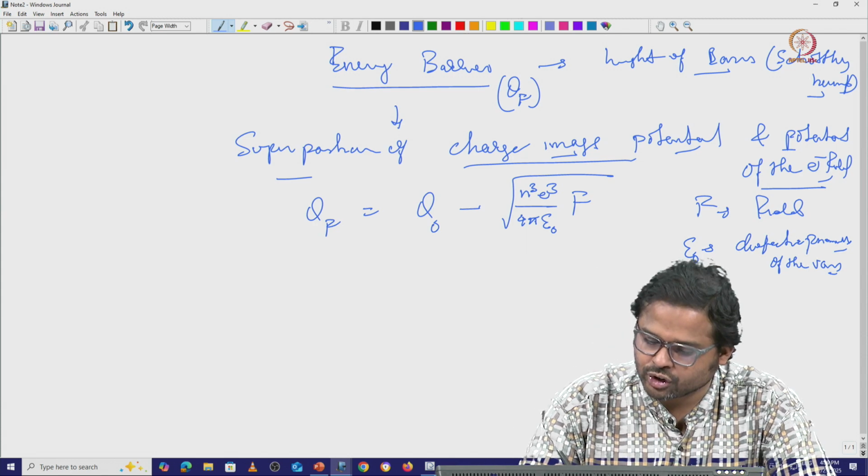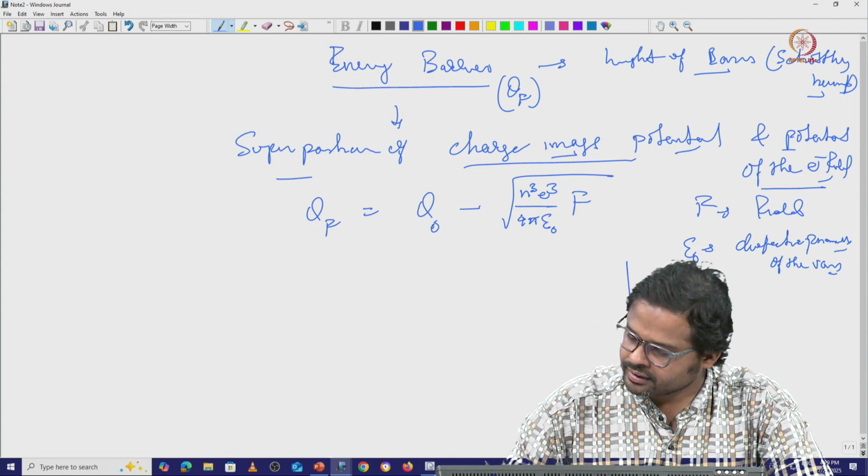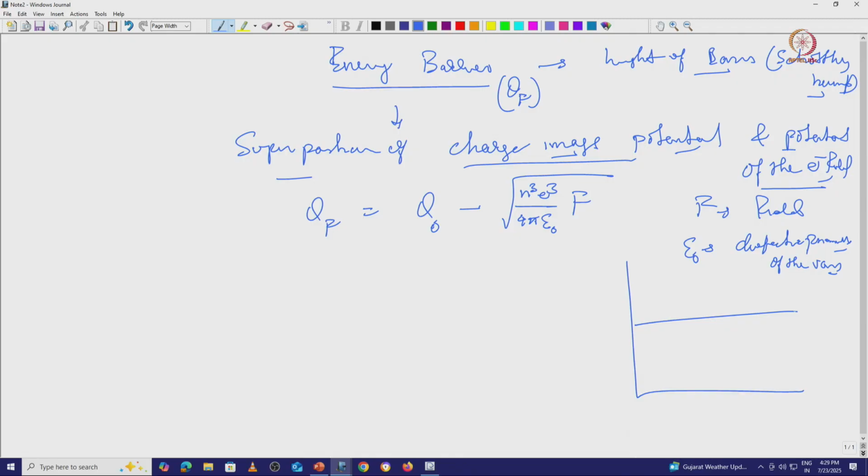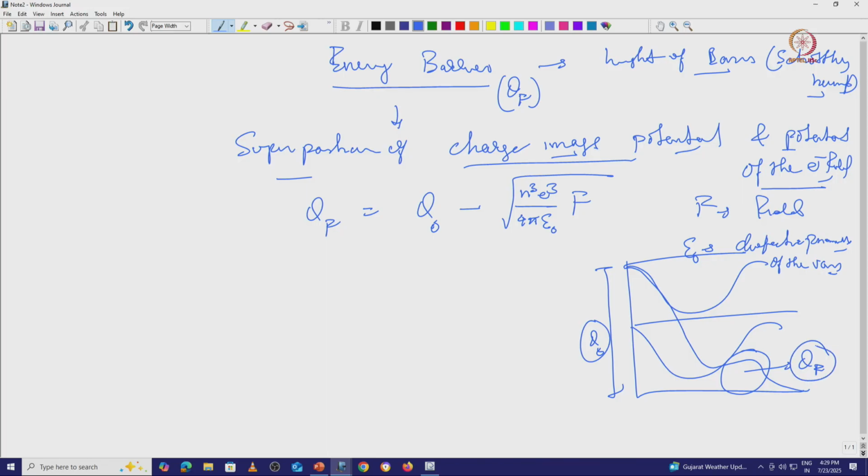And theta 0, as I told you in the last class, for an ion is the total energy barrier. So when you apply an electric field, there will be an energy hump, and this particular hump is called theta f or the Schottky hump, and theta f is given by this equation and is a function of the electric field.